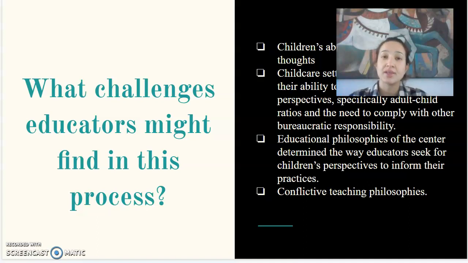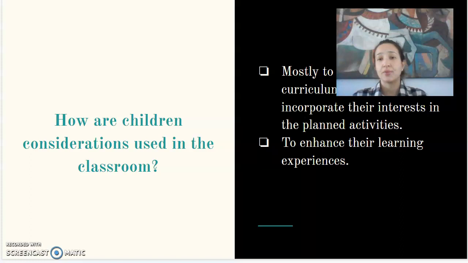So many ECEs state that many times they are willing to follow children's perspective, they are willing to engage and follow this practice, but their partners are not. They don't want to do it, and that's another challenge that they found while seeking children's perspective. And we all know how important it is to work with a team that is supportive, and for the dynamic of the childcare setting.